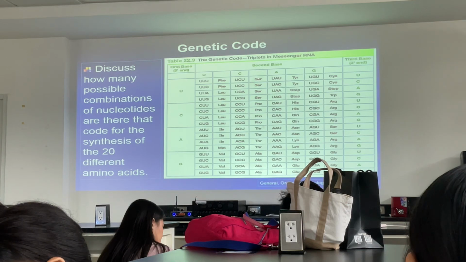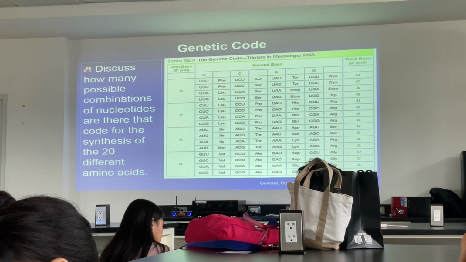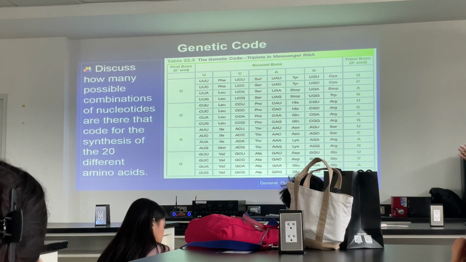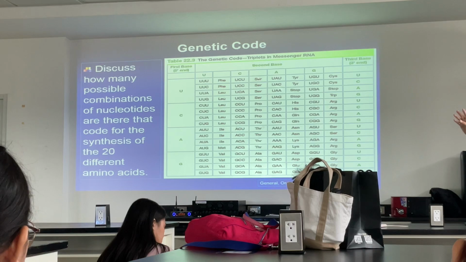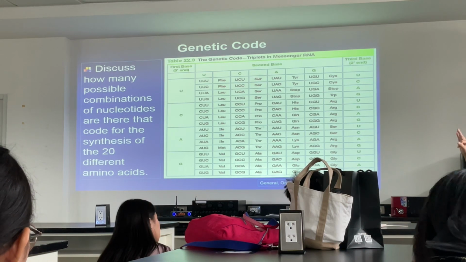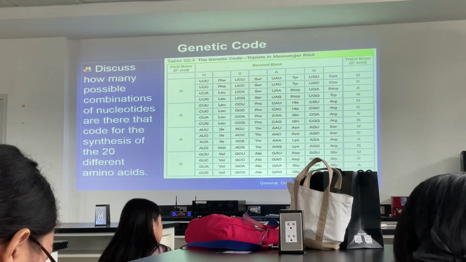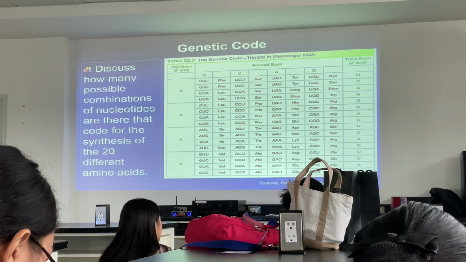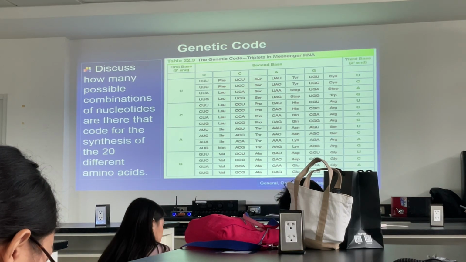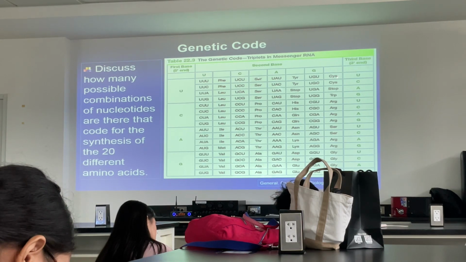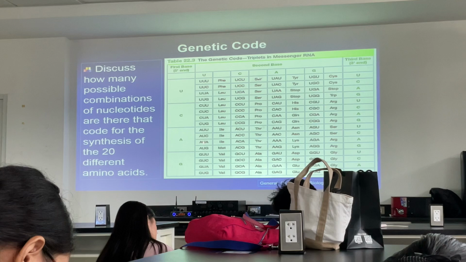So therefore, how many possible combinations of nucleotides will there be? 4 nucleotides to the 3rd power, because you have only 3 nucleotides in the codon. So 4 times 4 equals 16, times 4 equals 64 possible combinations of nucleotides. So these are the 64 possible combinations.